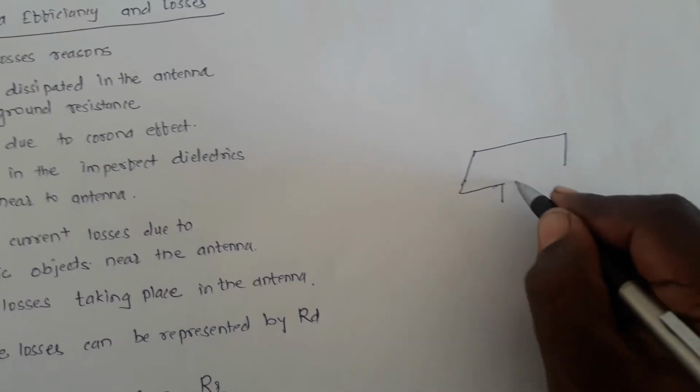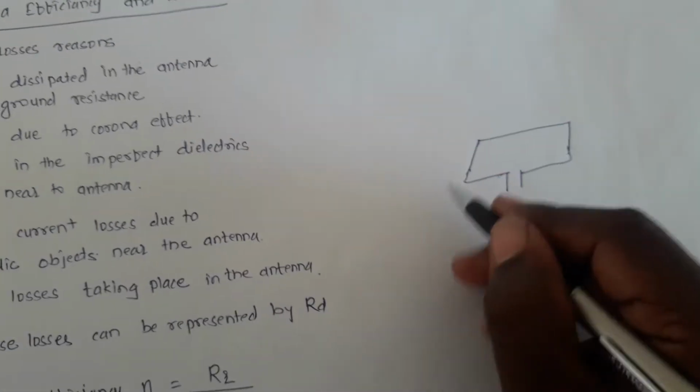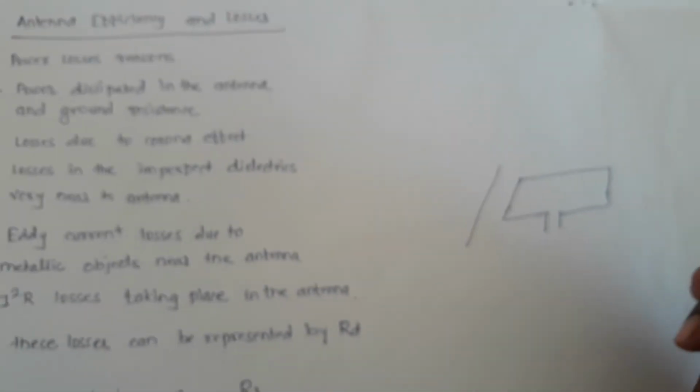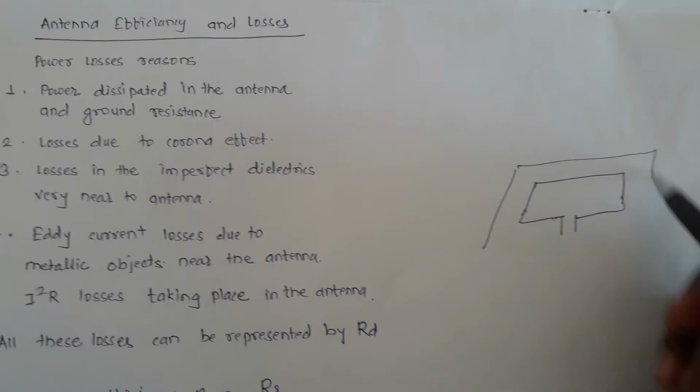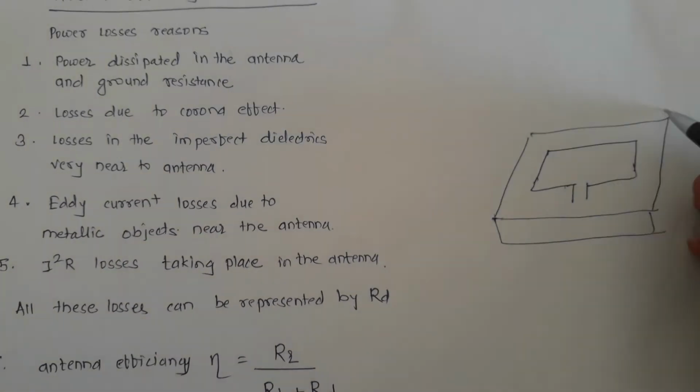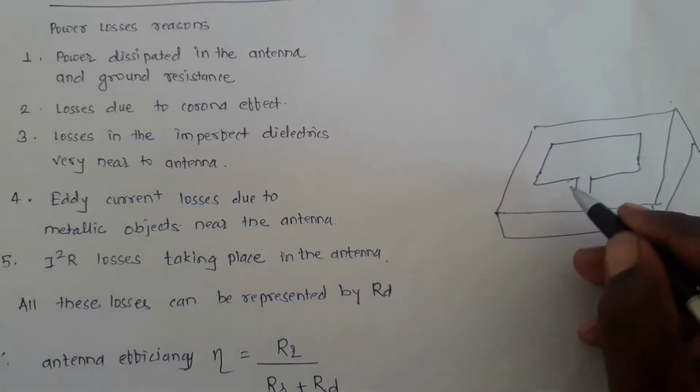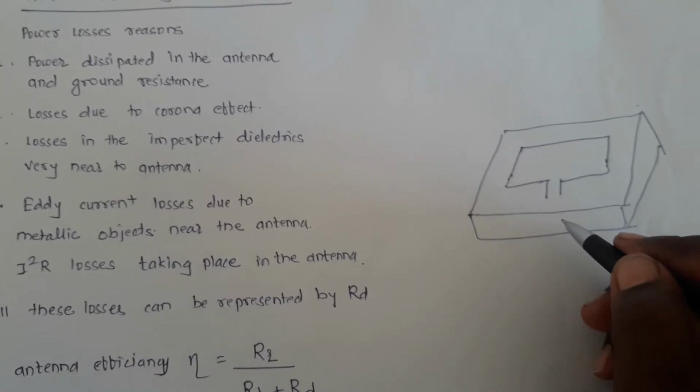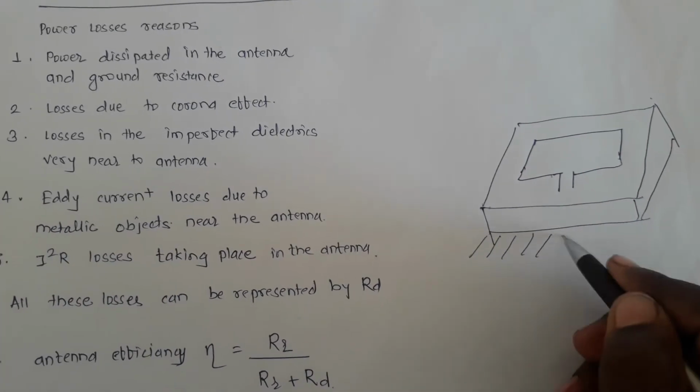Suppose this is your patch antenna, placed over this substrate. The substrate has its own dielectric material. Similarly, there is some ground plane.